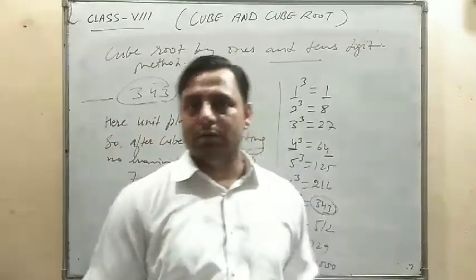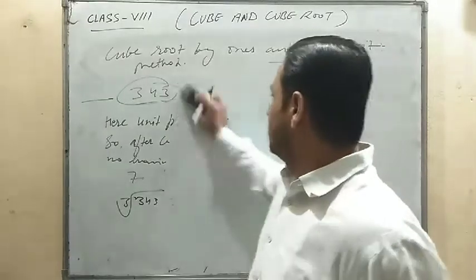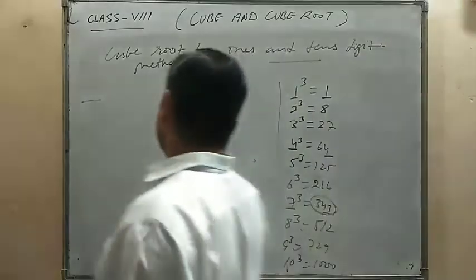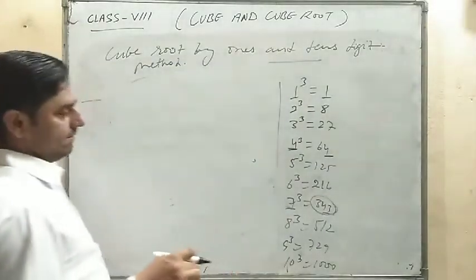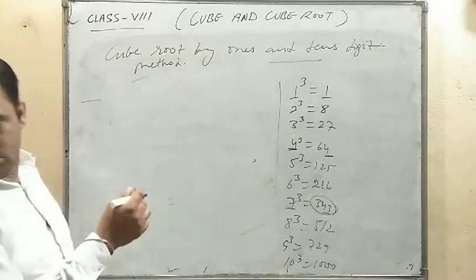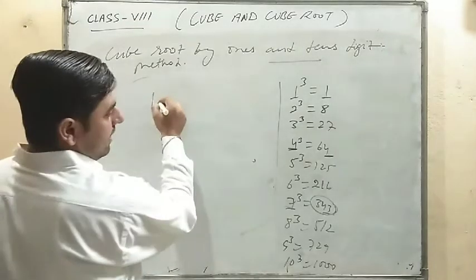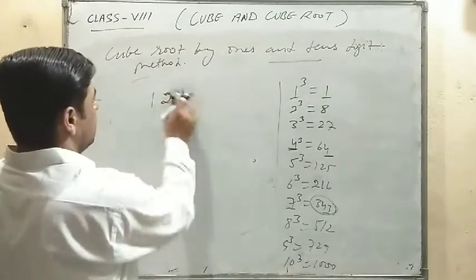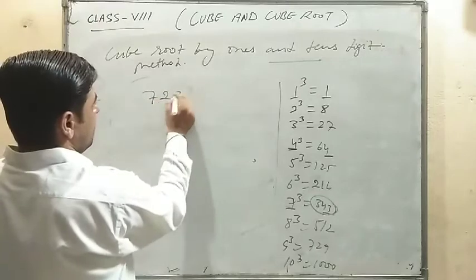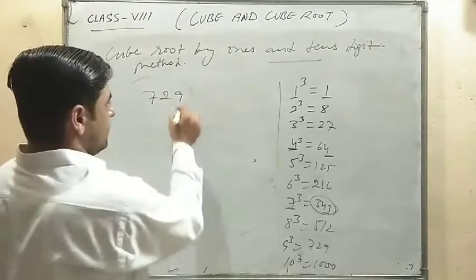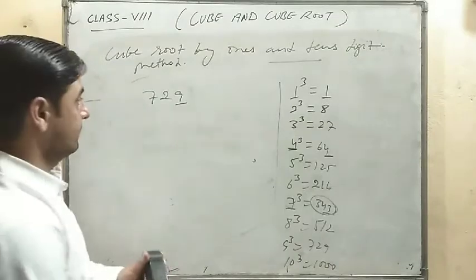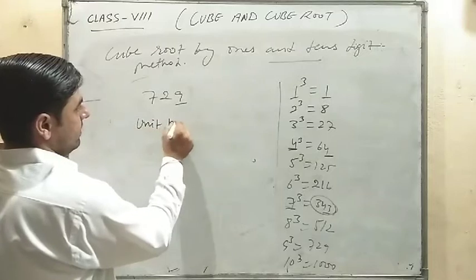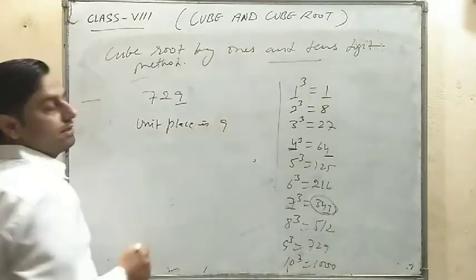I will discuss one more example, 729. Here the unit place is 9.